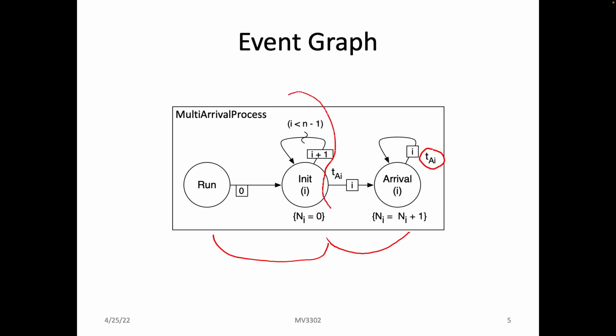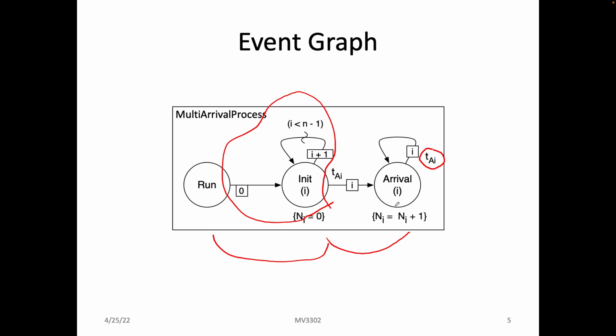The for loop pattern has 0 delay. In other words, the for loop pattern will occur immediately. The for loop pattern always has an argument. In this case, the arrival process pattern happens to have an argument, but the key difference is, they kind of look the same. They both have a self-scheduling edge, one self-scheduling edge.